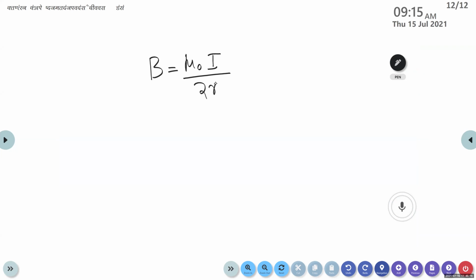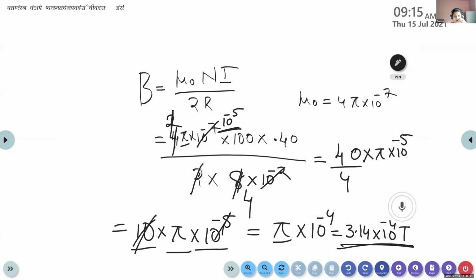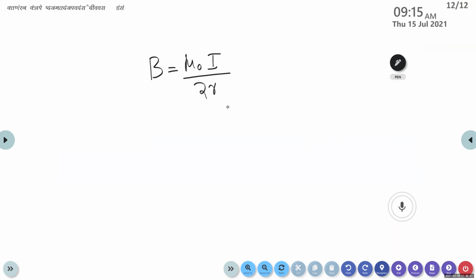Ma'am, here it's not a coil, right? It's a straight conductor, so we'll get 2 pi r, right? Yes, mu 0 I divided by 2 pi r. Very good.